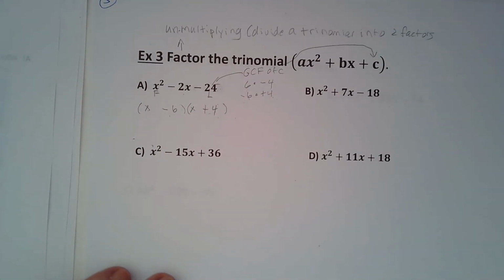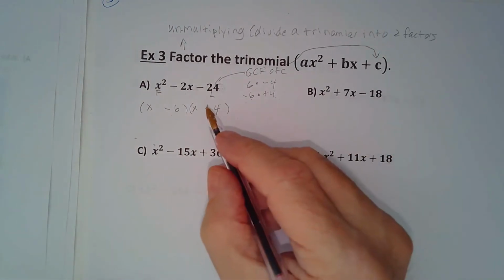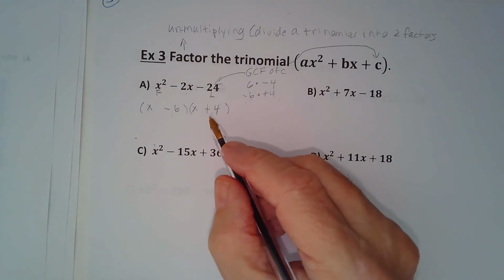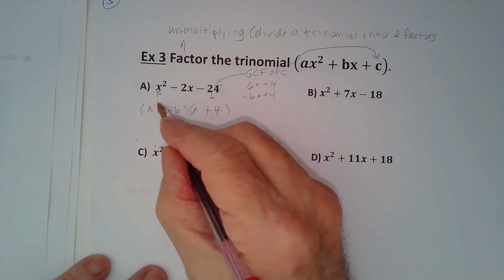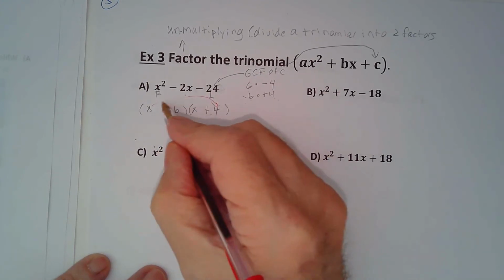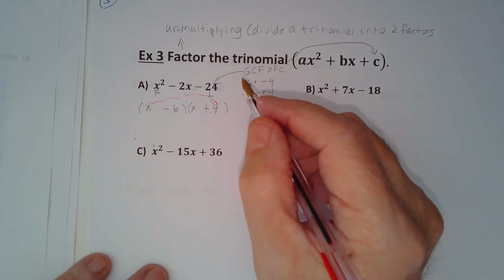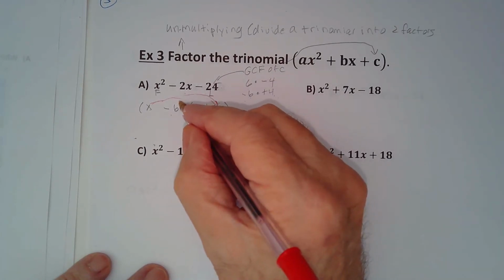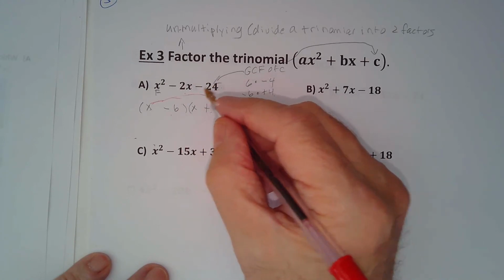Now, one of the other teachers in this math department, who is very knowledgeable, likes to create what she calls a rainbow. She says, okay, you're going over here first to last, and then you check the outer and the inner.